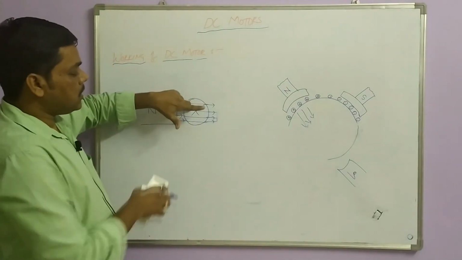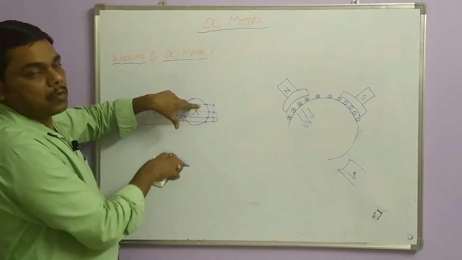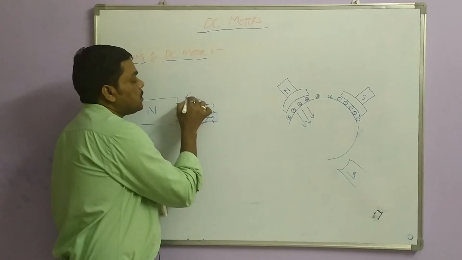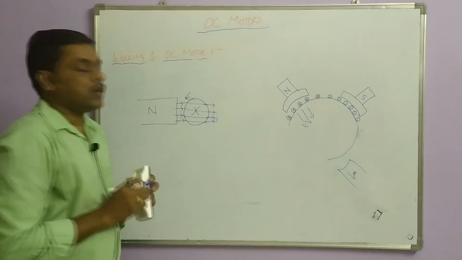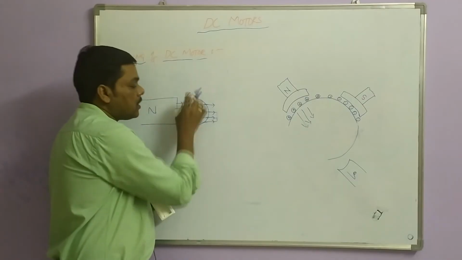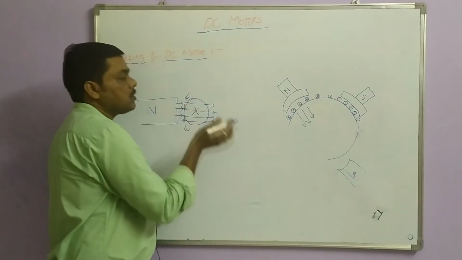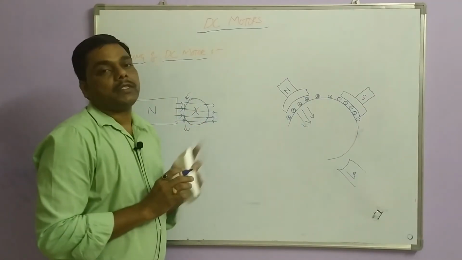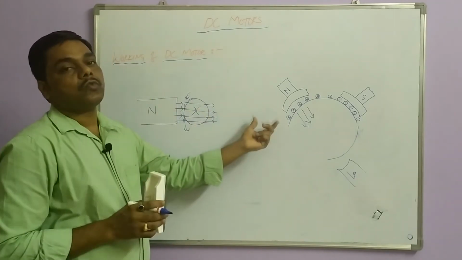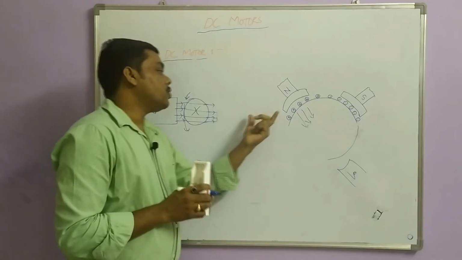Now you can see the direction of force is downwards. That means this conductor is trying to move in the downwards direction. So the force direction is like this, going downwards.